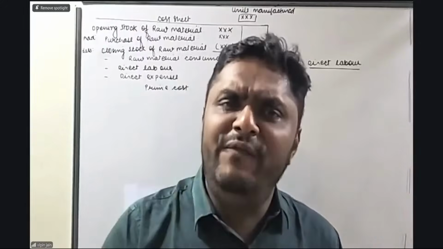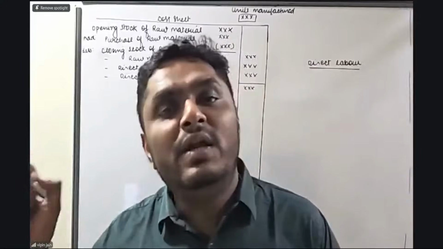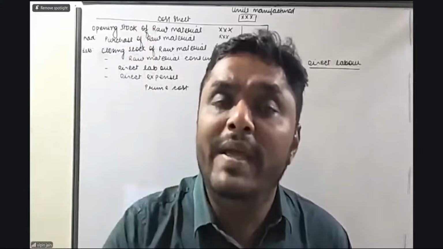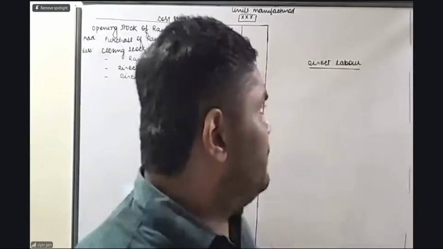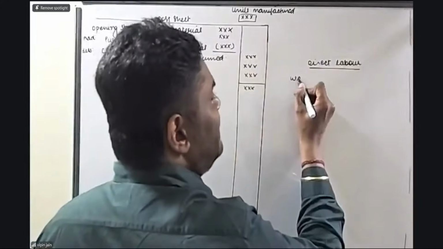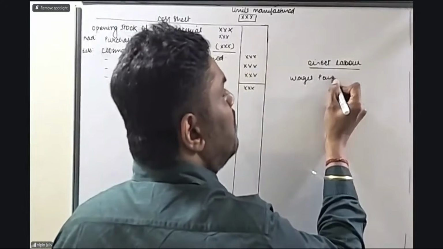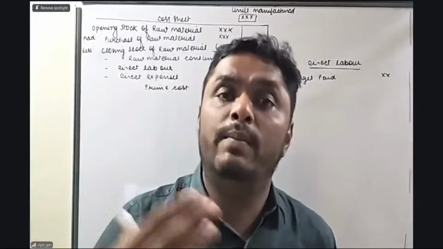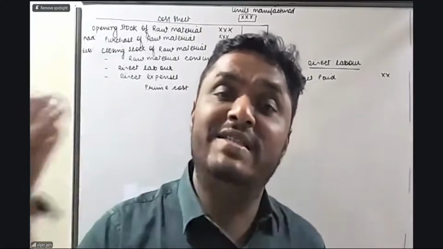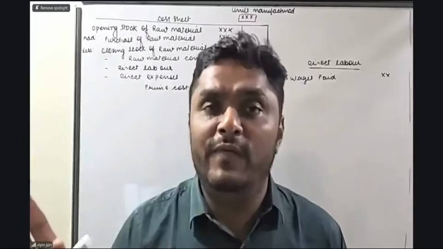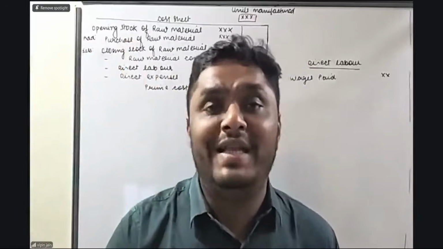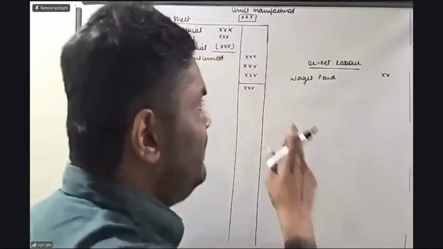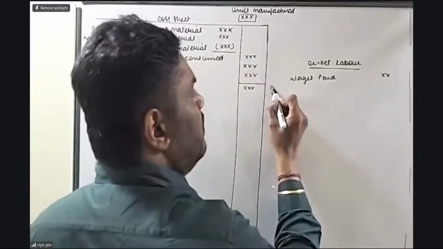Whatever the benefit, be it monetary or non-monetary, in cash or non-cash, it will be added to the direct labor cost. When talking about direct labor, simply we can say the wages paid. To confuse you guys, sometimes the examiner will give overtime, bonus, facilities, allowances. So don't get confused. If it is given to the direct labor who are actively involved in manufacturing a product, it will be added to the cost of direct labor.